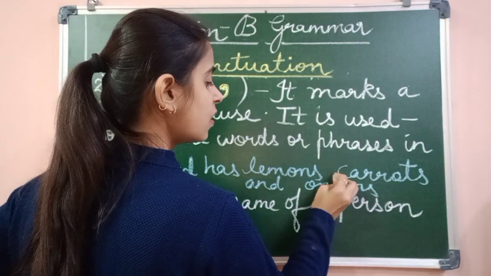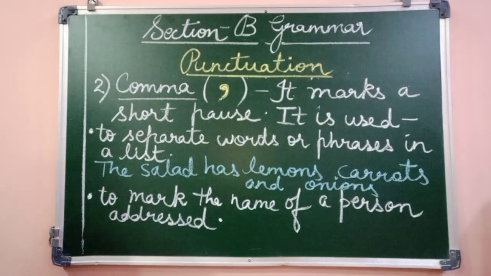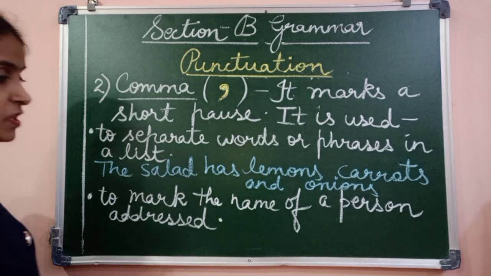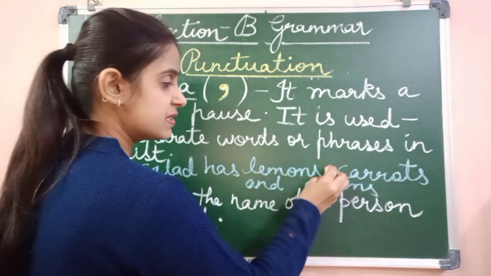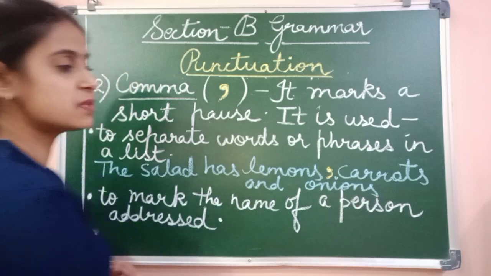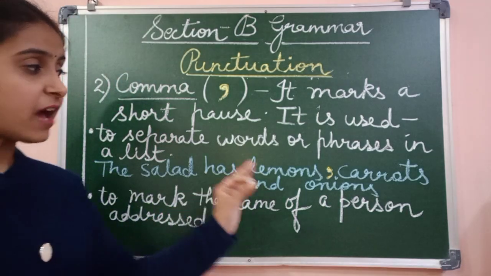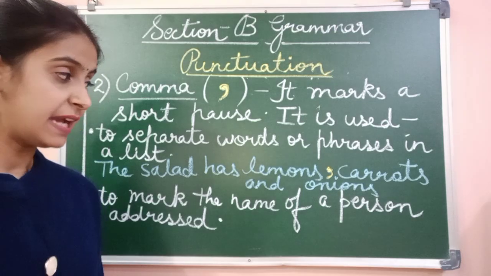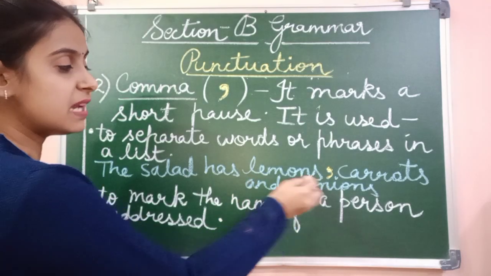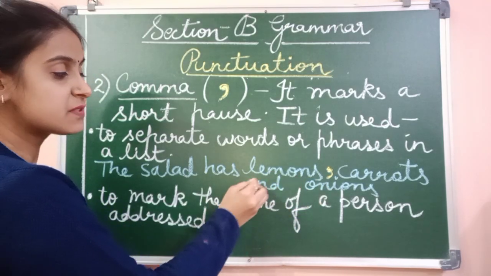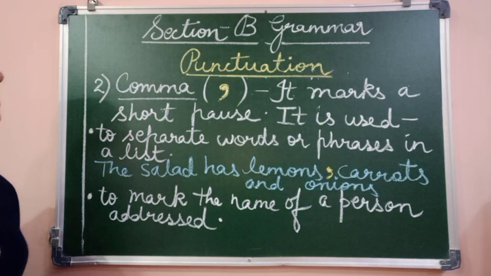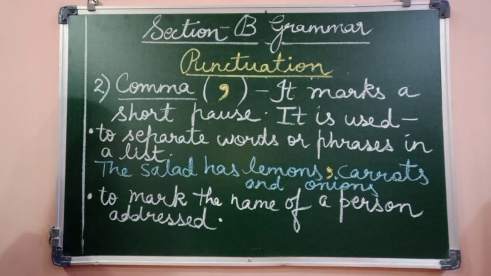Okay, now, if we have to separate the items in a list, we will use a comma. So the comma will be used after the salad has lemons. Now we have to separate the items using comma. If we have more number of items, we will put comma after every item, not before the last item, because we have and over there, right? So a comma is used to separate words or phrases in a list.